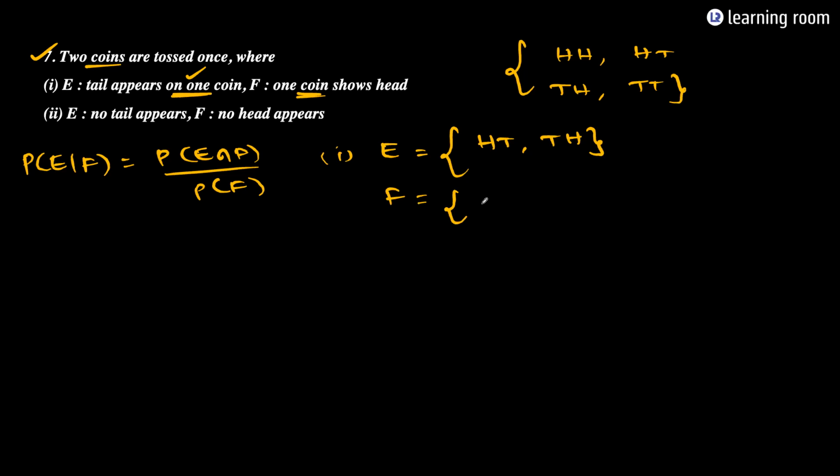F is one coin shows head. So head, tail; tail, head. Correct? So what is E intersection F? It is head, tail; tail, head only. So what is the probability of E intersection F?